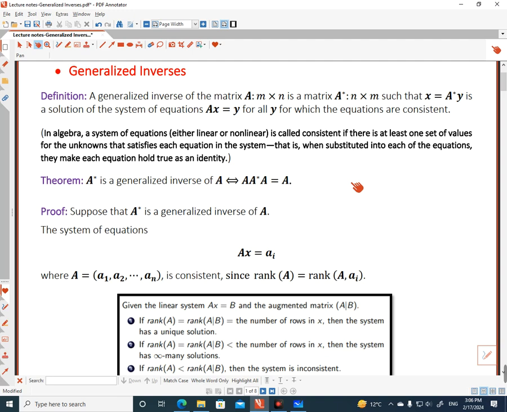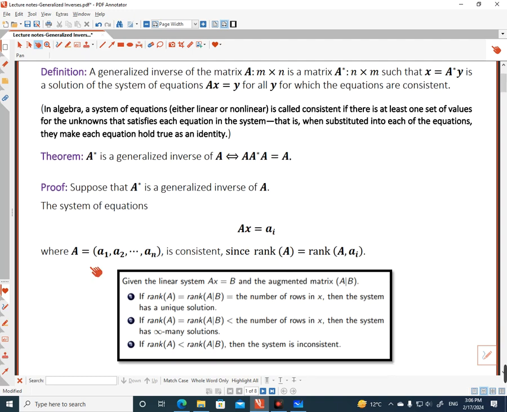And in what follows, I will give the proof of this theorem. First, suppose that A star is a generalized inverse of A. If A star is a generalized inverse of A, we have this definition for that, and we can show that the right hand side happens. The system of equations is given by Ax equal to Ai.